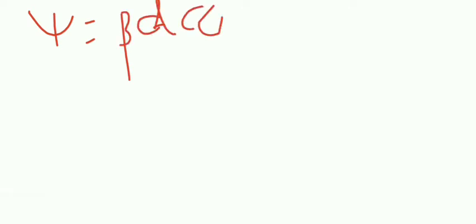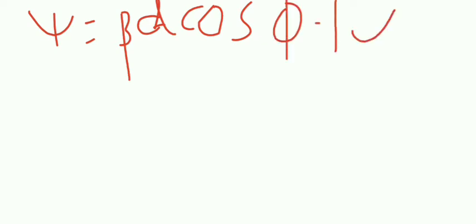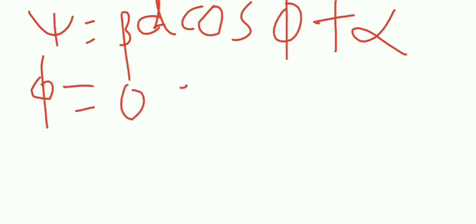So let us see. First we know the equation for progressive phase shift is psi is equal to BD cos phi plus alpha, right? So for end fire array, we know that maximum radiation occurs at phi is equal to 0 degree and psi is equal to 0 for that.